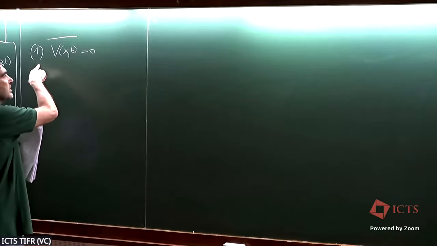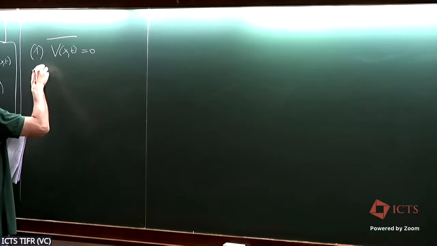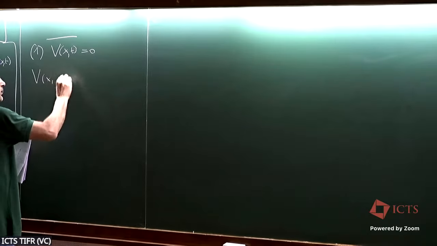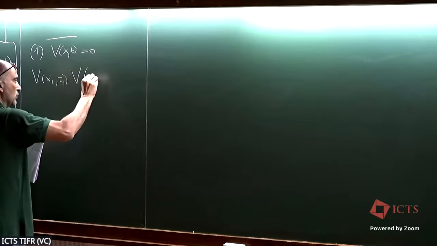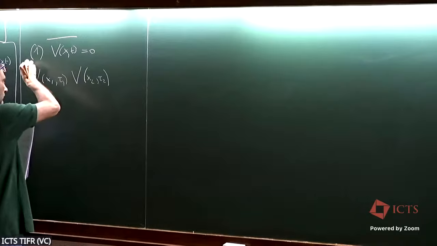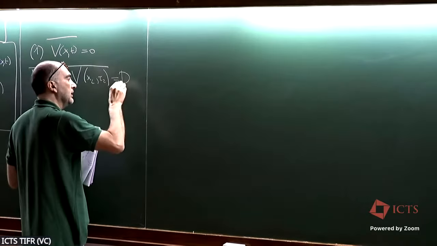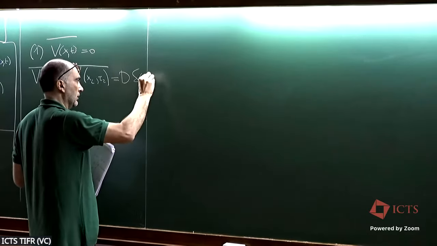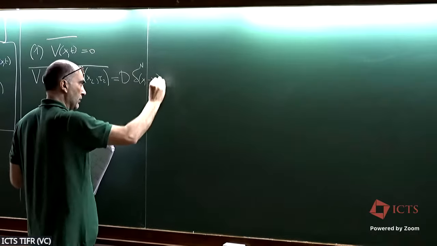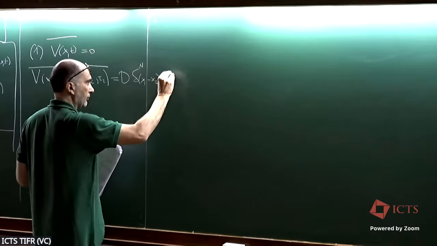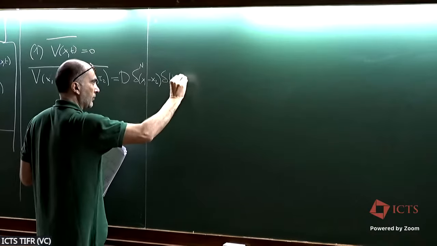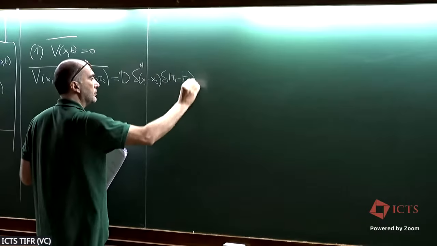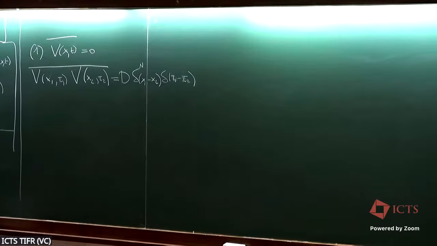So the first thing is that we choose a Gaussian potential, V(x1, tau 1), V(x2, tau 2), with zero mean, and here we said the disorder strength is delta, and delta correlated, so here it will be n if you want, delta(tau 1 minus tau 2). So these are the two averages we will use a lot.